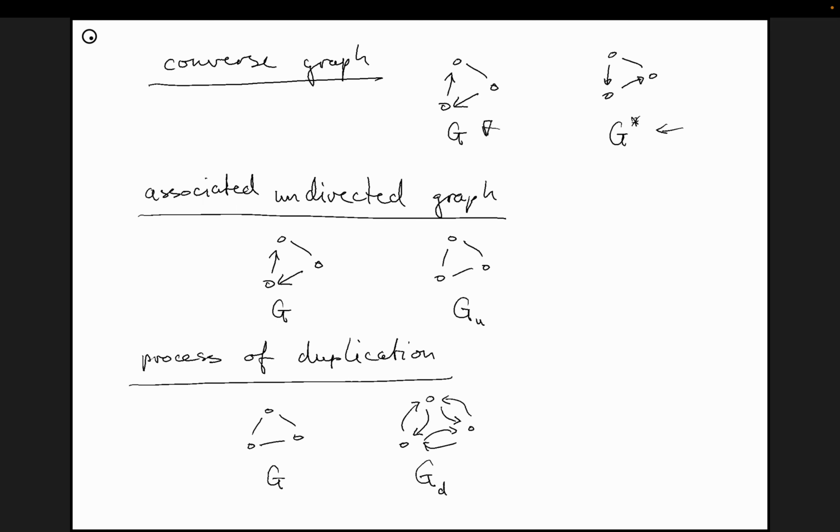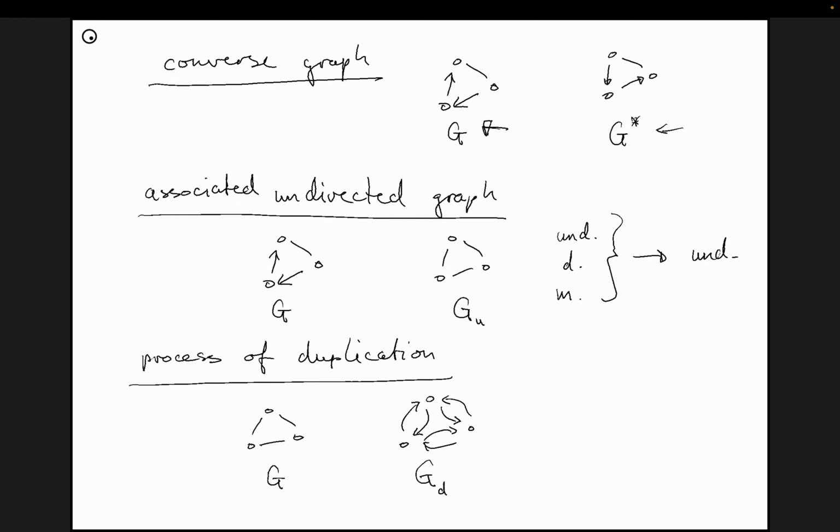An undirected graph is still an undirected graph, a directed graph is still a directed graph, and mixed is still mixed. The associated undirected graph produces undirected graphs. So we will have undirected, directed, or mixed graphs, which then become undirected.